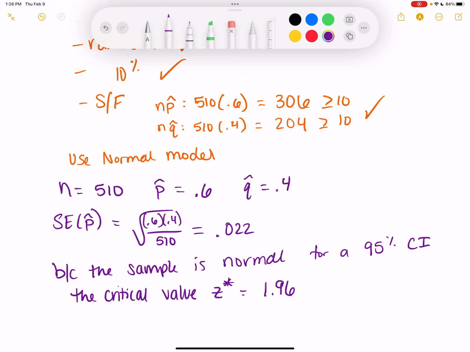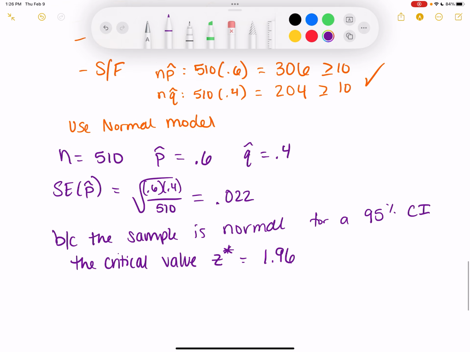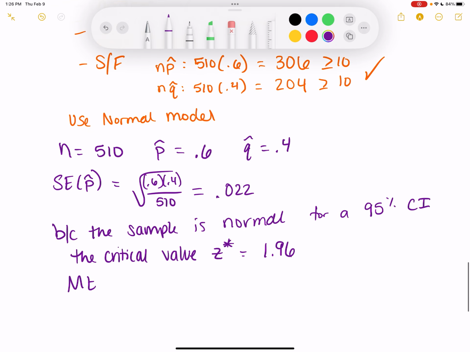Then we can use that for finding the margin of error. The margin of error is equal to Z star times the standard error of P hat, which is 1.96 times 0.022, which is 0.043.